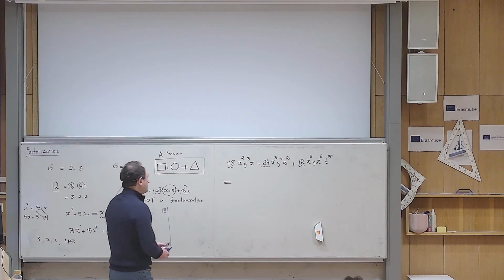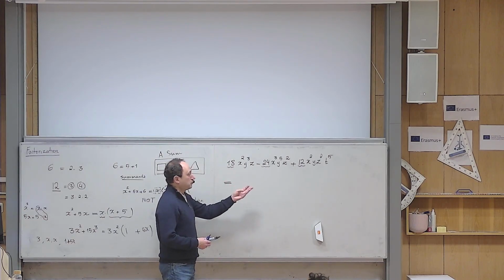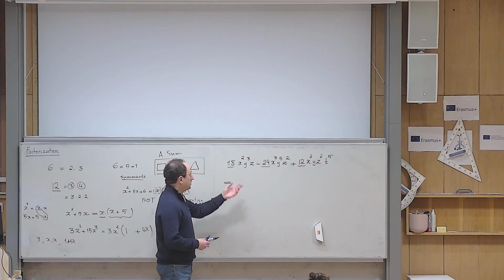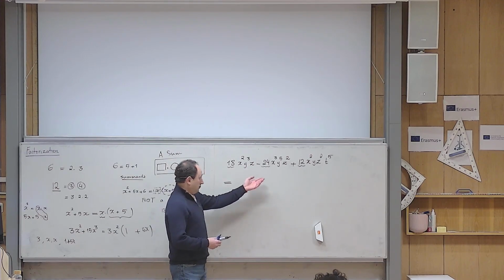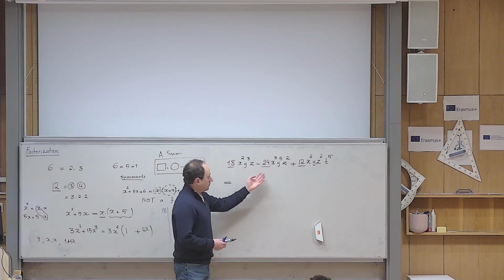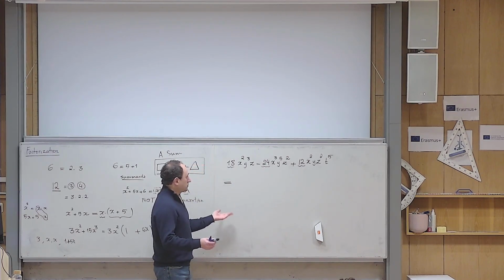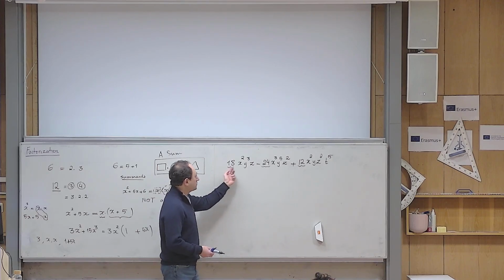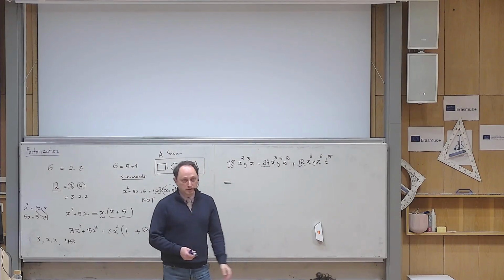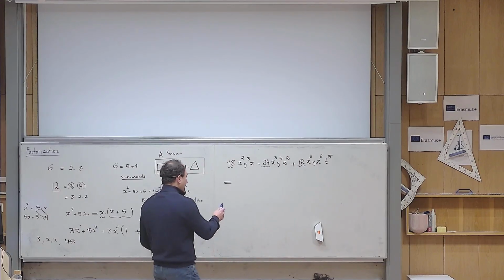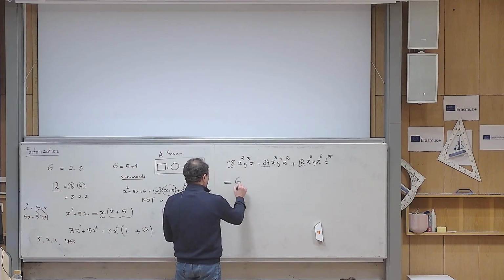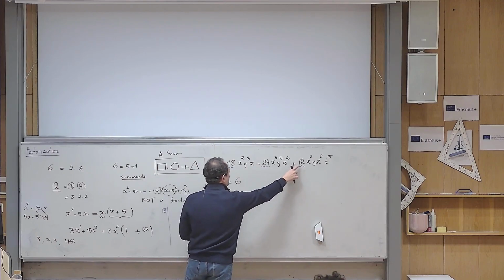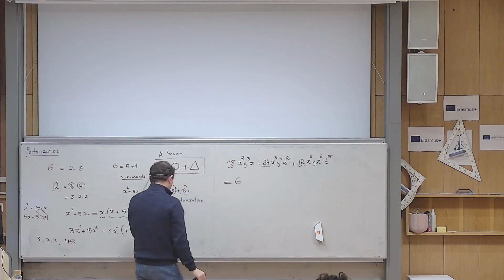Of course, you know that 18 is divisible by 1, 2, 3, 6, 9. And 24 is divisible by 1, 2, 4, 6, 3, 12, and 8. But the biggest one between these three is what? 6. So I pull 6 out. If you are not able to do it in your head, I will tell you what to do.